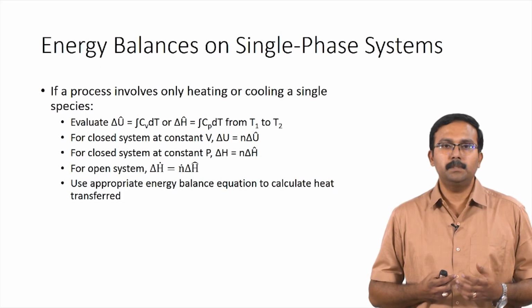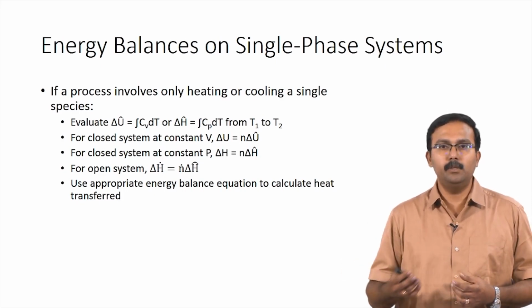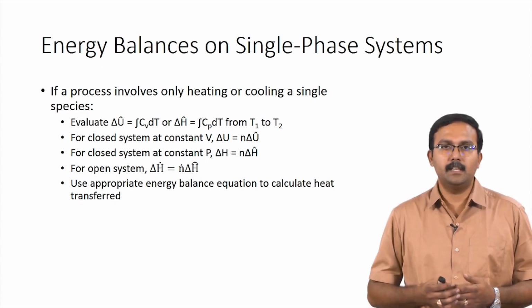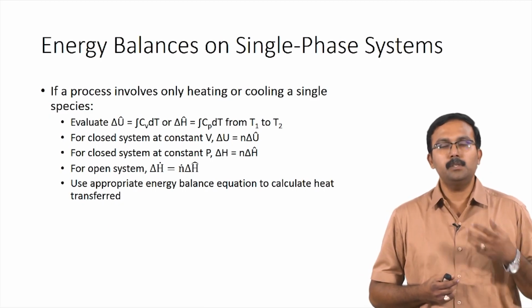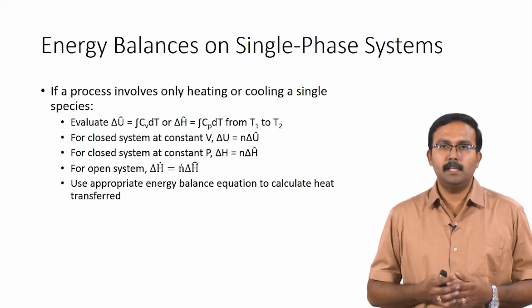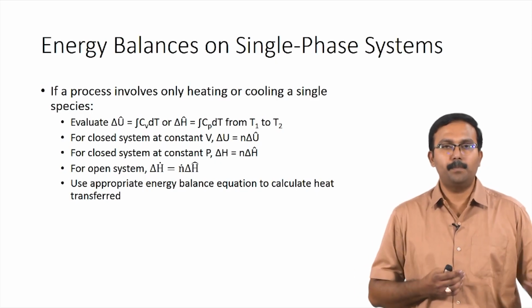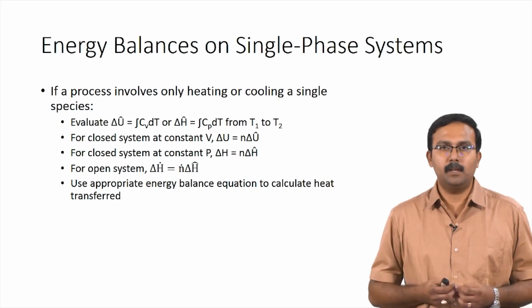For closed systems at constant volume you would be using delta U, and for closed systems at constant pressure you would be using delta H for performing energy balances. For open systems you would always use delta H dot. So, using the appropriate energy balance equation depending on whether the system is open or closed, you would be able to perform all the required calculations.